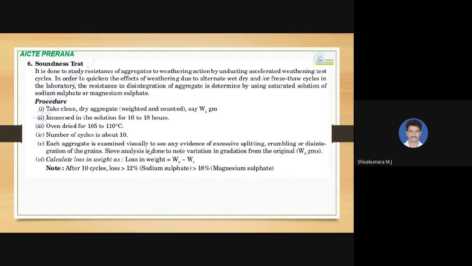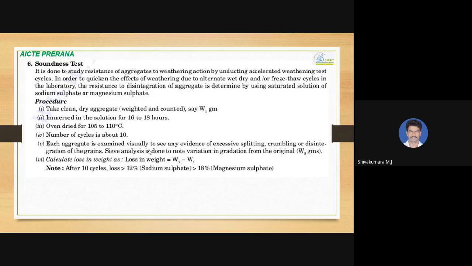After that, each aggregate is examined visually to see if any evidence of excessive splitting or crumbling is there. If any disintegration is found, it should be noted down, and a sieve analysis is done to note the variation in gradation from the original gradation to the gradation after disintegration.